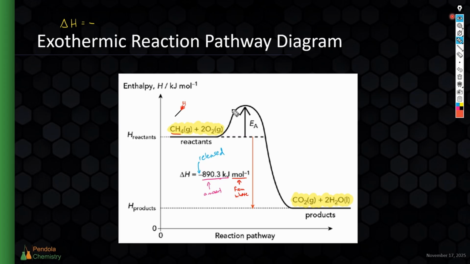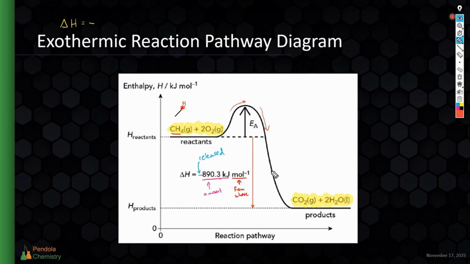If it wasn't for the fact that these reactants need a bit of energy to get over this energy hill, in order to get over the hill and then go back down and create the products, then methane would constantly be burning. Methane wouldn't exist. It's because it needs activation energy in order to burn that reactions don't just always happen.